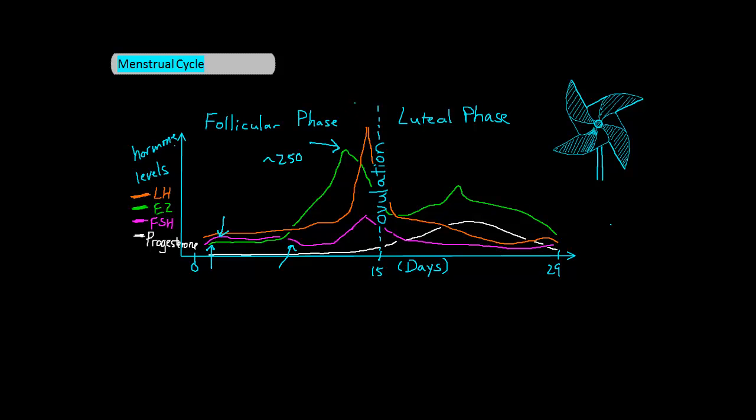The higher estrogen levels are followed in approximately 12 hours by an exaggerated secretion of LH, called the LH surge. FSH levels also peak at the same time, but to a much lesser degree. Follicular rupture and ovulation occurs 40 hours from the onset of the LH surge.